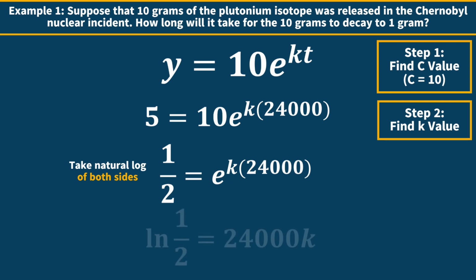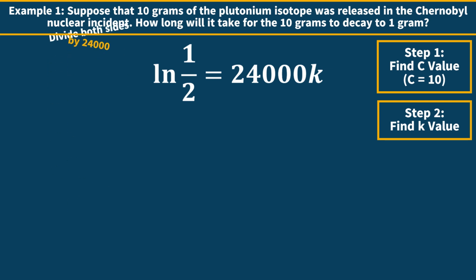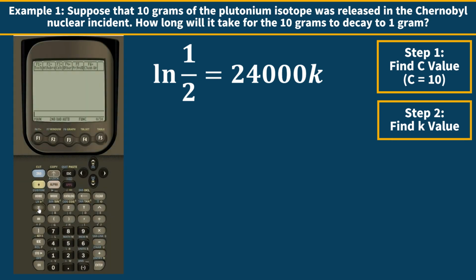We will have natural log of 1/2 is equal to 24,000 times k, since the natural log of e is equal to 1. To get k by itself, we divide 24,000 on both sides. From here, we're going to have to use our calculator, and when you type this in a calculator, what we get is that k is equal to approximately negative 0.00029.